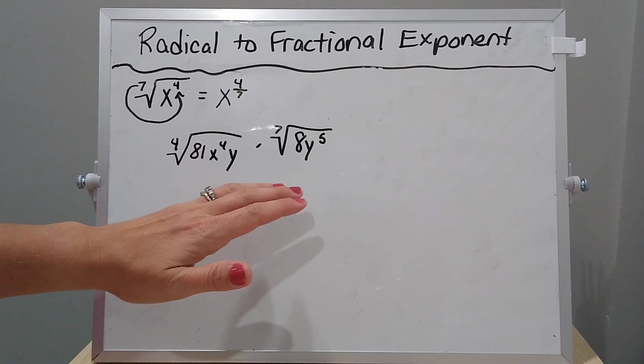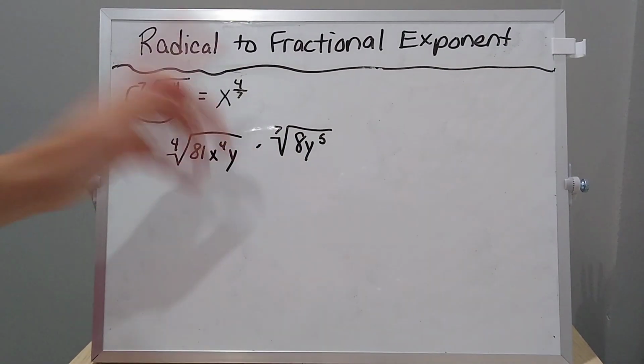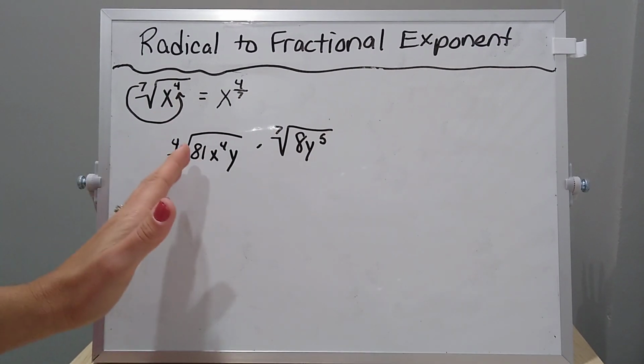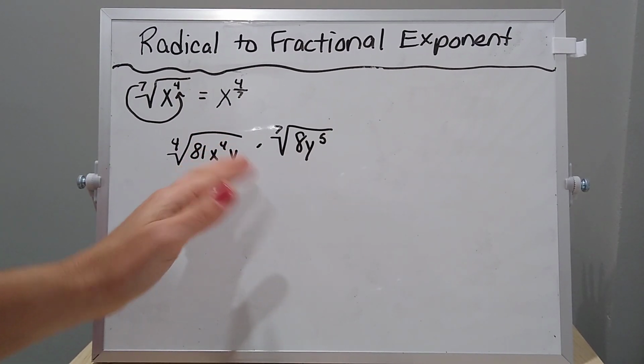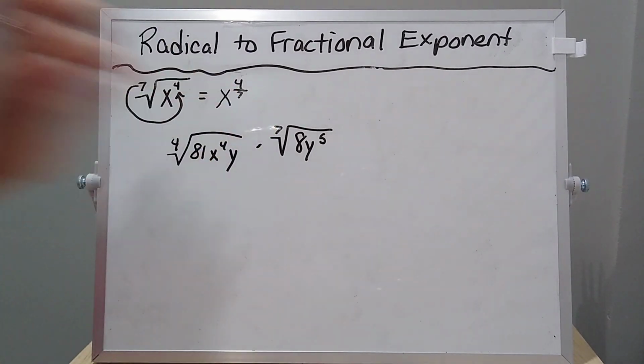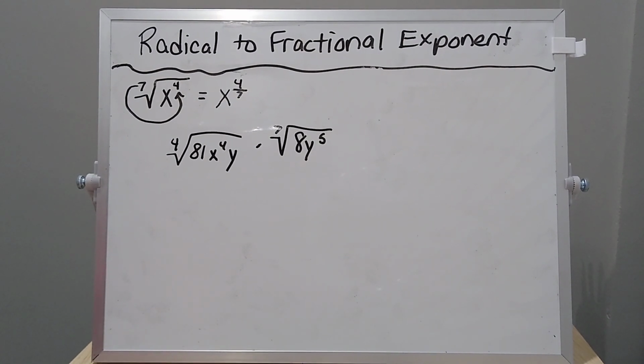We can't multiply these. Why? They have different indices. So we're going to need to change them to fractional exponents so that we can get a least common denominator, and then we will make these indices match. So let's work it through, and then you'll see what I'm talking about.